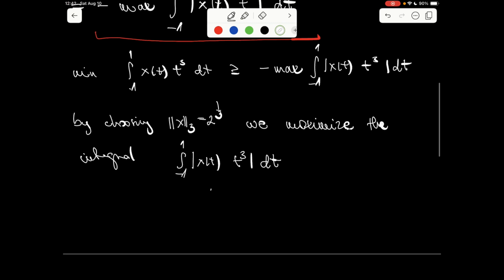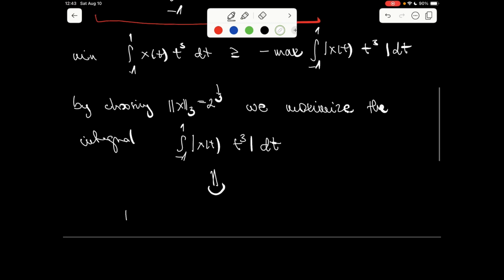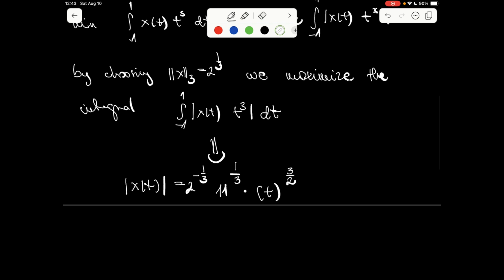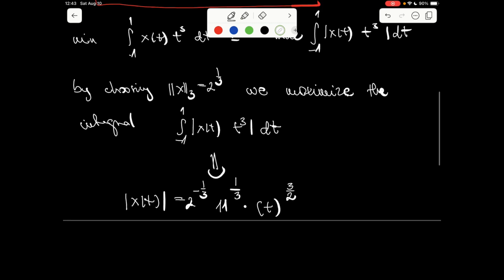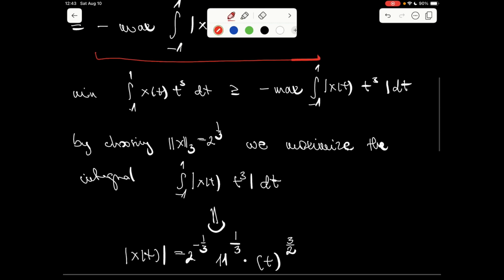From this, we had the absolute value of function x, which is still relevant even in this problem. So, given that we know the absolute value of this unknown function xt, we want to minimize this expression.